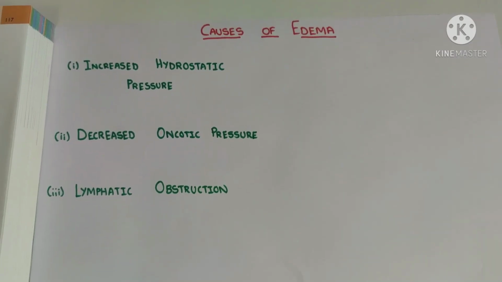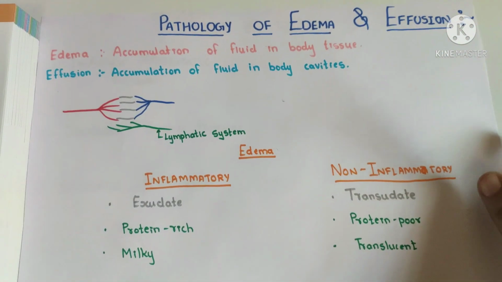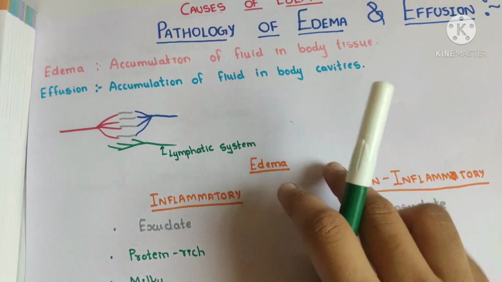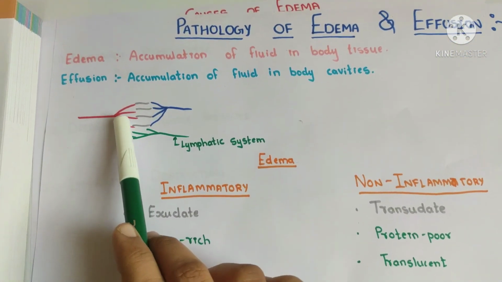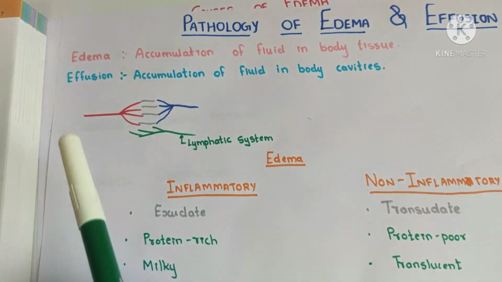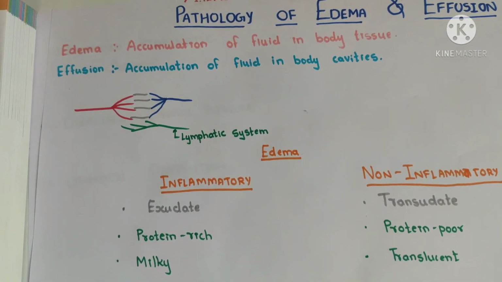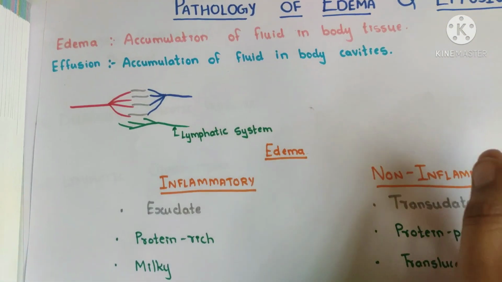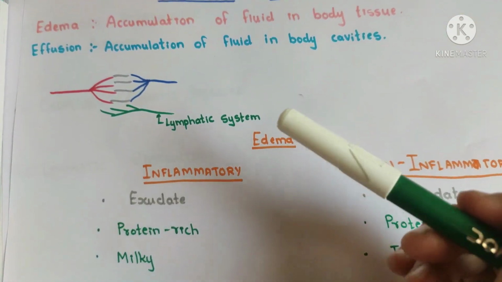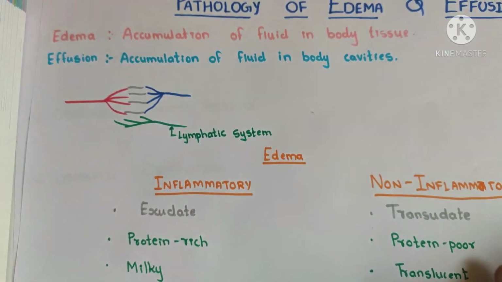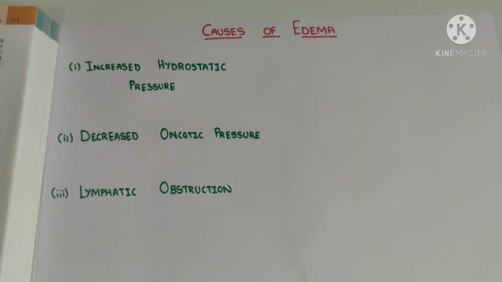So now let's look at the causes of edema. Friends, let's look at the reasons which were preventing edema in normal condition. There was a balance between hydrostatic pressure and oncotic pressure, which act at the arterial and venous levels respectively. And whatever small mistakes remained were cleared by our lymphatic system. So, when there is a disturbance in this balance, there is going to be edema.